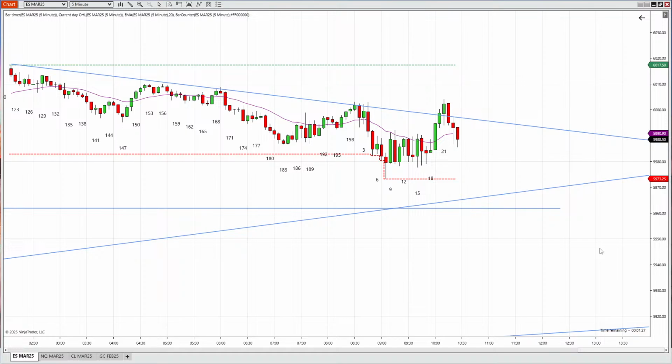Got a minute and a half left in this bar. Alright, this bear bar is starting to get kind of weak.